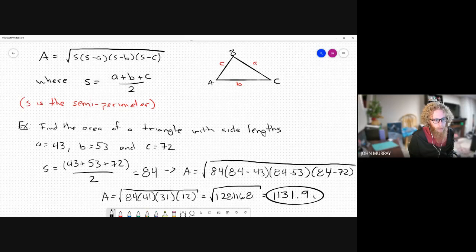And I didn't give you units, so we'll just say units squared. And that's Heron's formula. Any questions there?